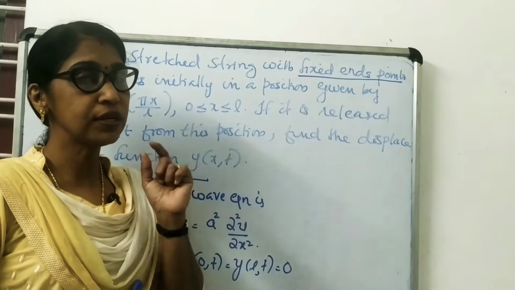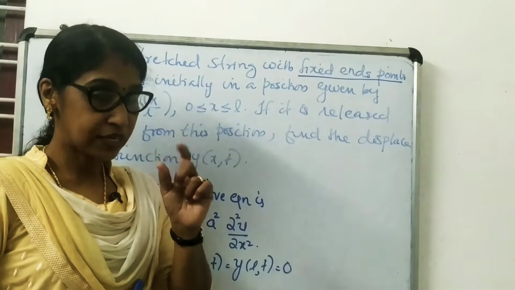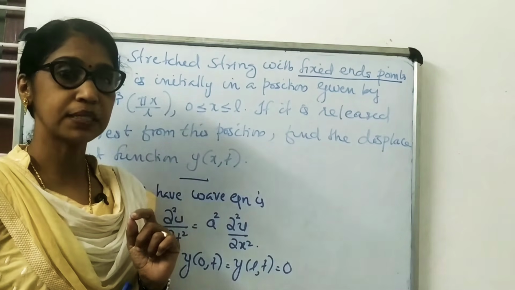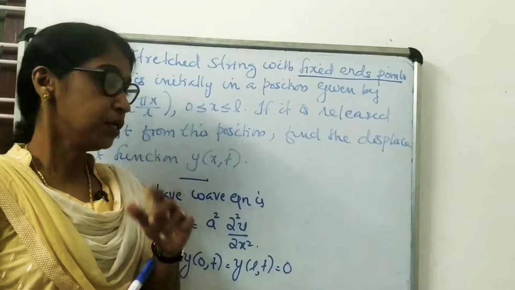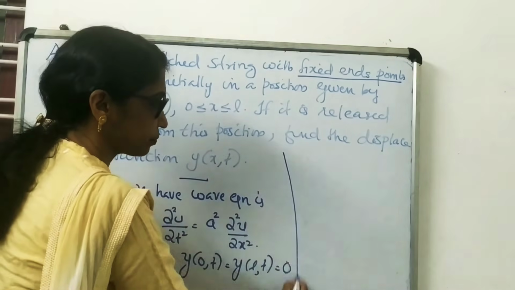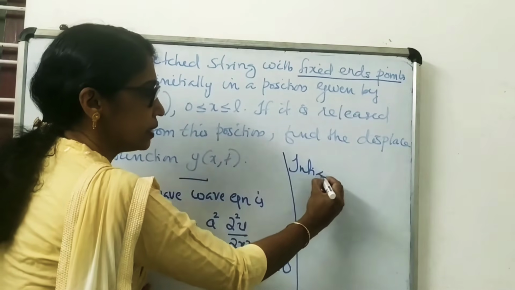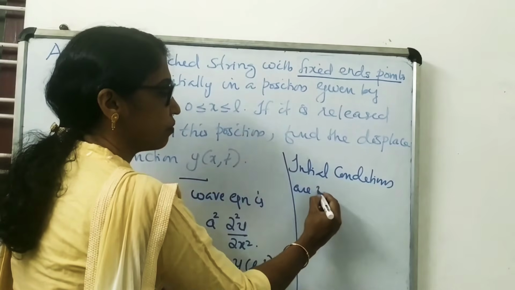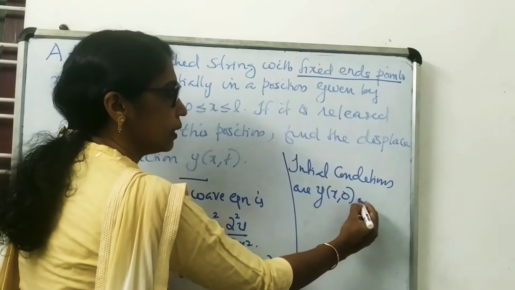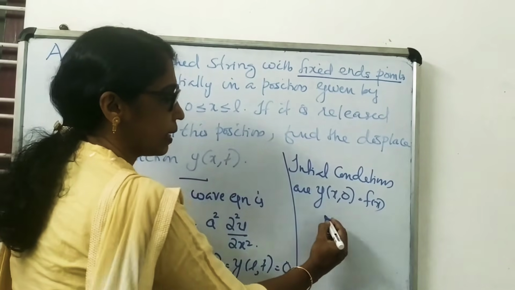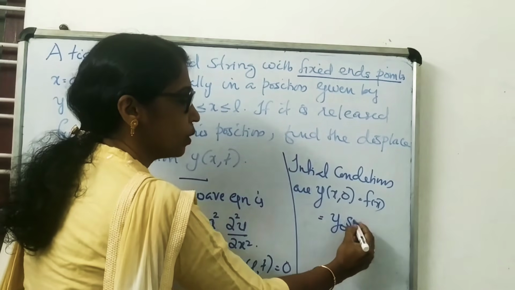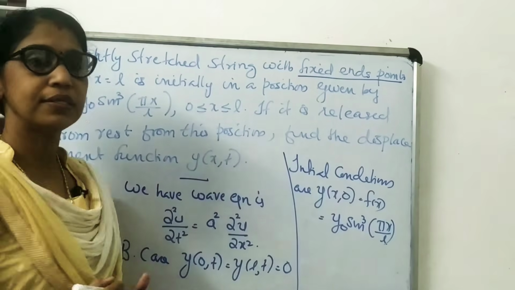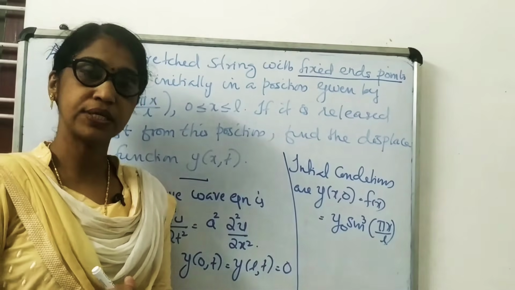Initial displacement is y of x,0, and we denote it as f of x. So given initial conditions are y of x,0 is equal to f of x, equal to y0 sine cube pi x by L. So this is the initial displacement or initial deflection.